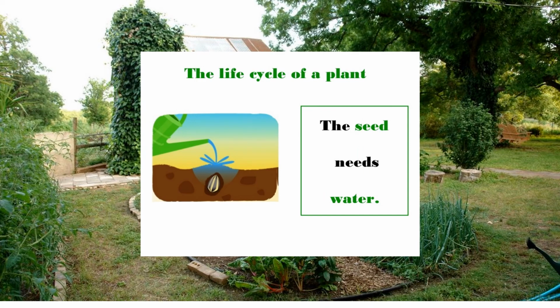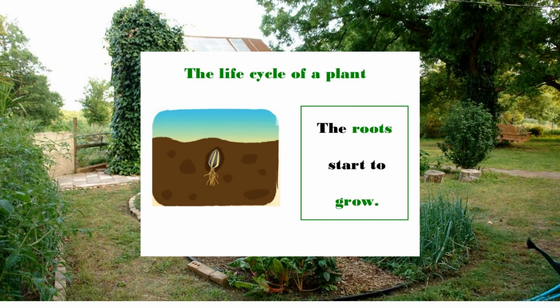The life cycle of a plant. The seed needs water. So when you put a seed in the ground like this, you need to make sure that you water it as well. The roots start to grow. You can see the little roots growing out the bottom of the seed right there.